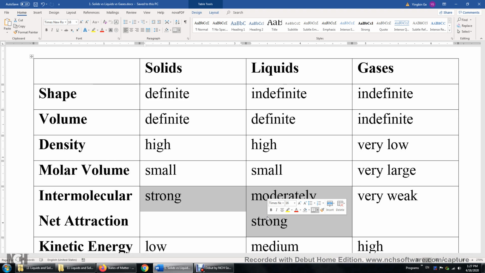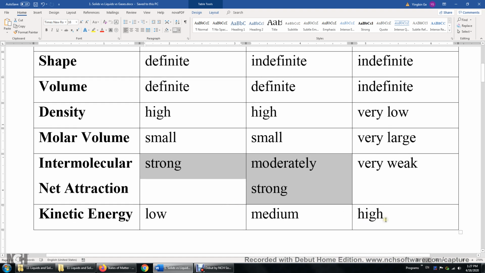How about the kinetic energy? Kinetic energy depends on the motion. And from the animation, you can see the gas particles move more freely and have higher kinetic energy. In the liquid phase, the molecules can still move around more dramatically than in the solid phase.